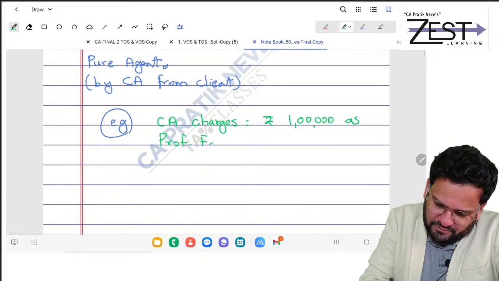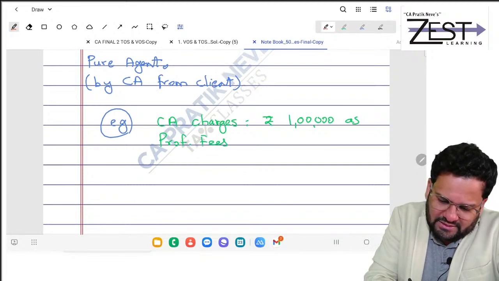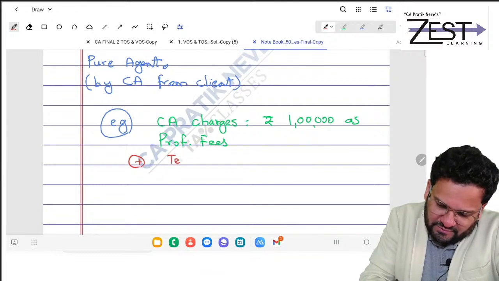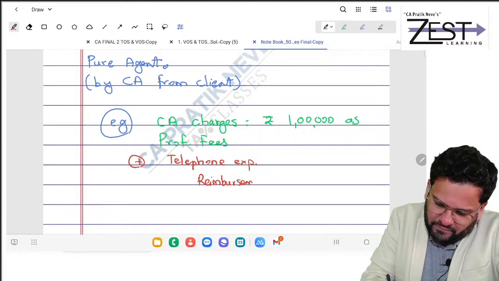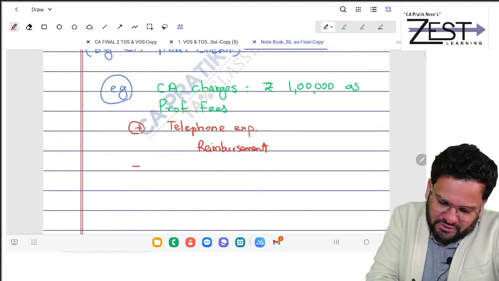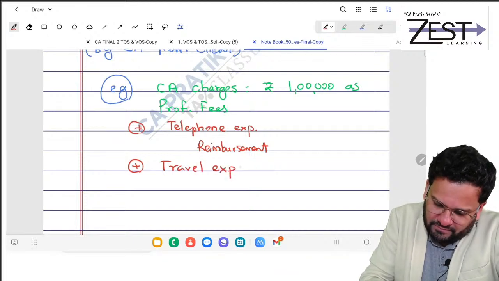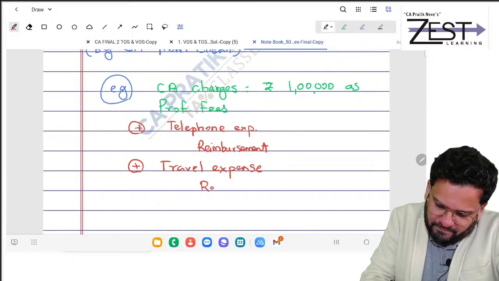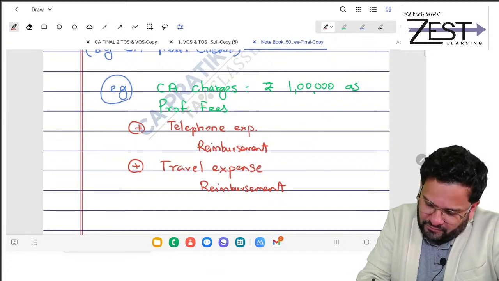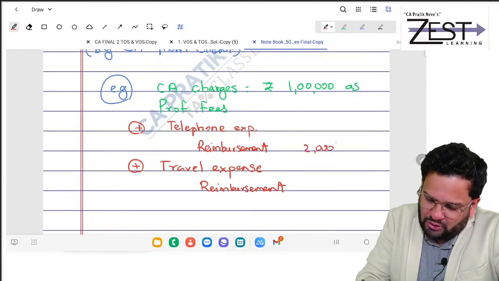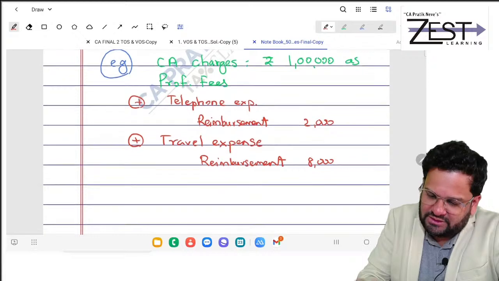professional fees, plus telephone expense reimbursement, plus travel expense reimbursement. Say telephone expense reimbursement is 2000, travel expense reimbursement is 8000.